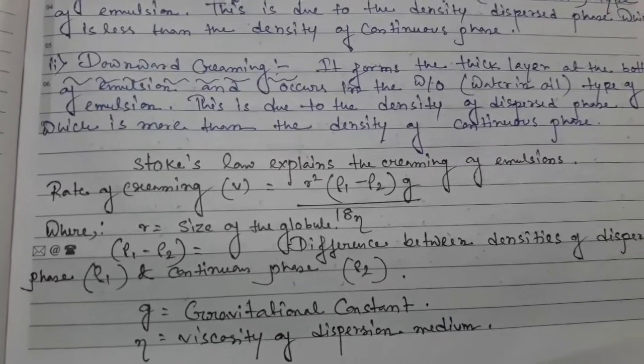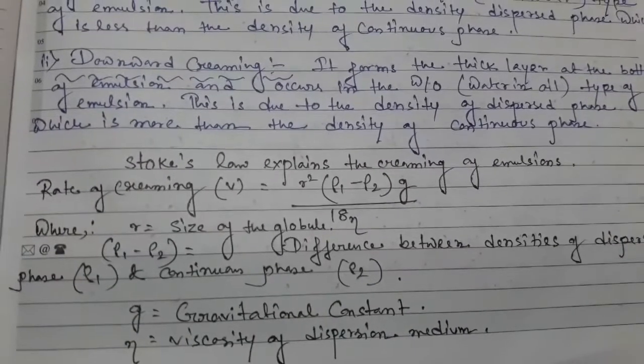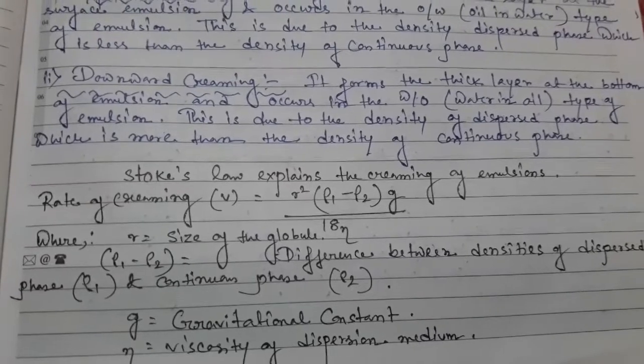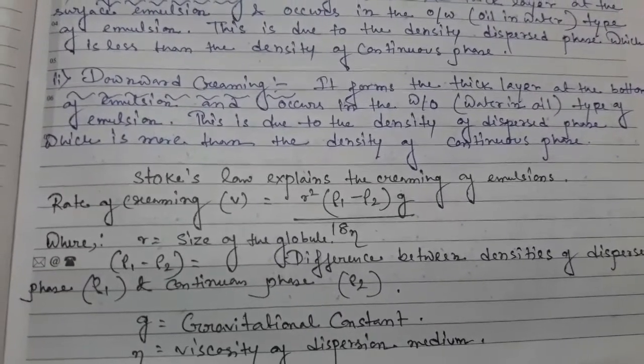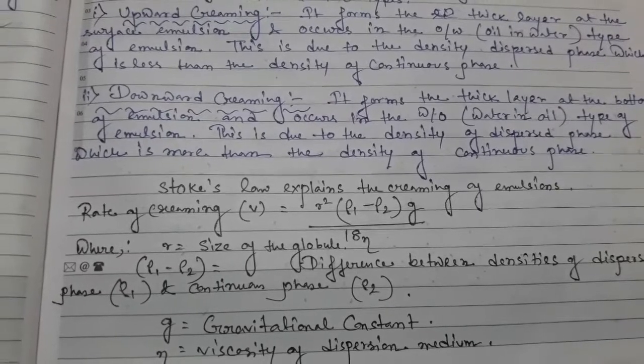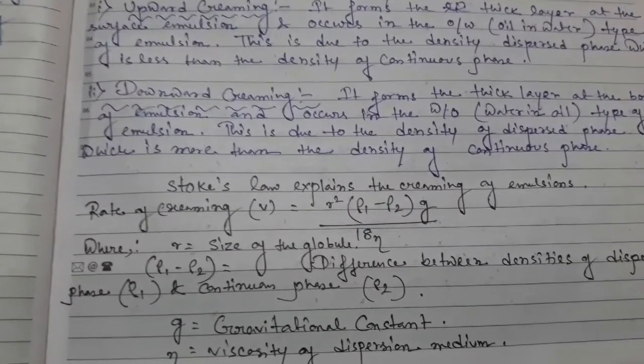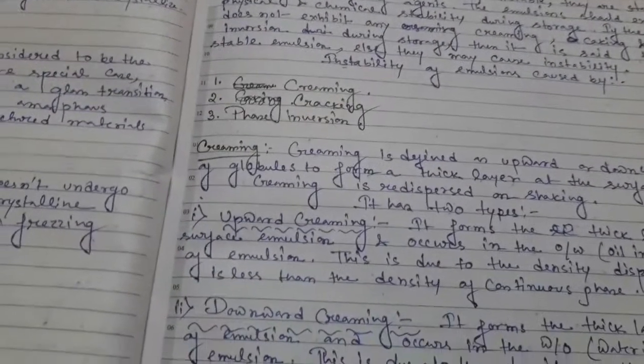This is the formula, so everyone please follow this formula. Stokes law explains the creaming of emulsion, that means it is used for the determination of the stability of emulsion. Another function of Stokes law is that it is used to determine sedimentation also. This is a very important question.